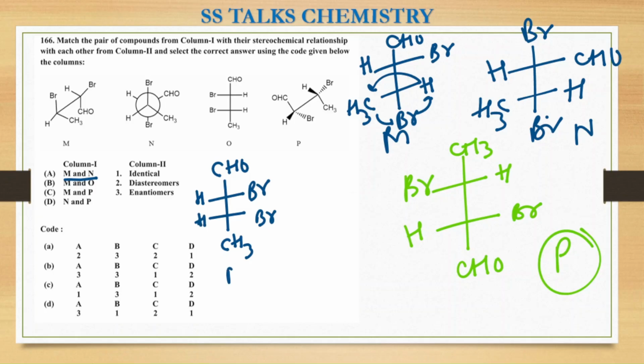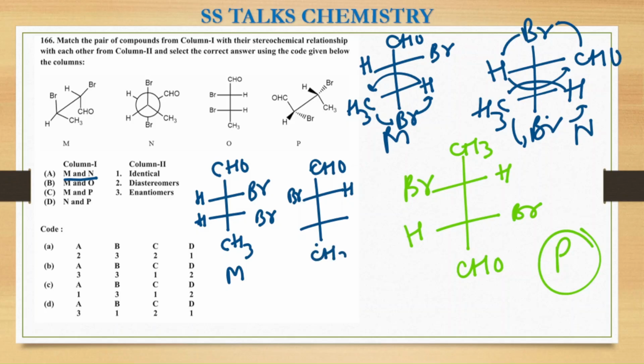So this is the molecule M you are having, and for the N molecule also around this carbon center you can do the rotations so that CHO comes in the vertical line. We will be having here CHO, at this position your Br will be present, and here is this hydrogen atom. On the other carbon center also this rotation can be done so that the methyl group comes into the vertical line. Here your methyl group will be coming, Br will be shifted over here, and here will be this hydrogen atom. So this is the molecule M we are having, and this is the molecule N.